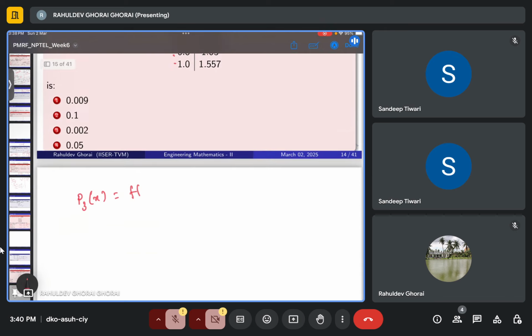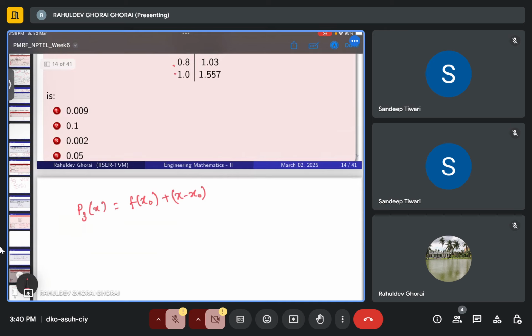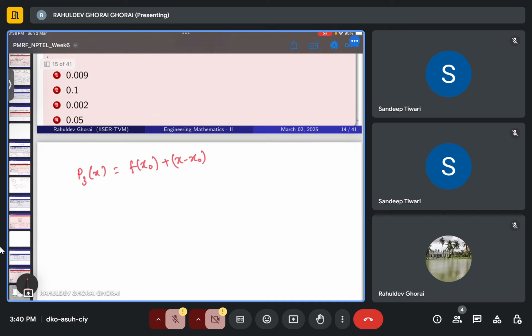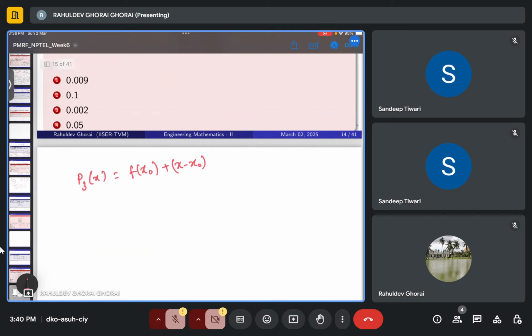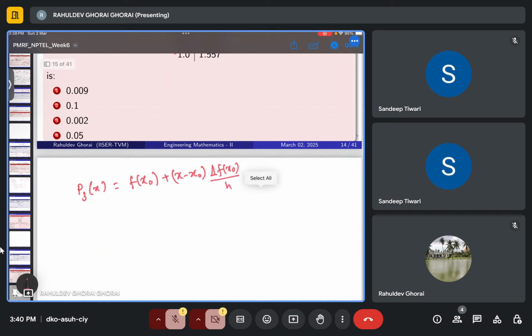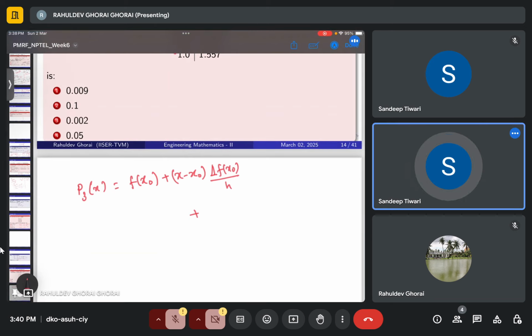So this will be f of x naught plus x minus x naught times del f x naught over the spacing h.